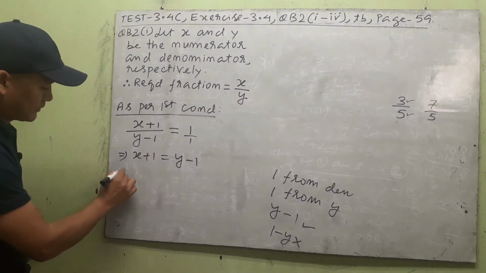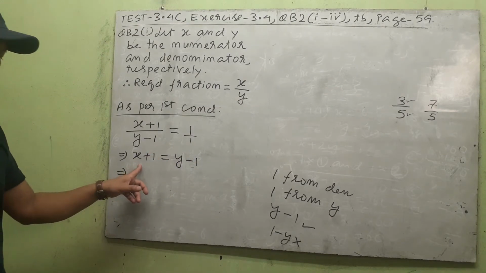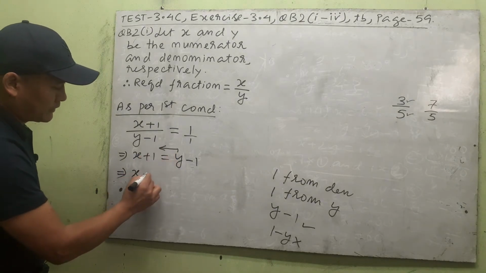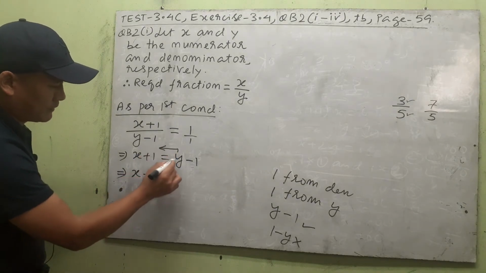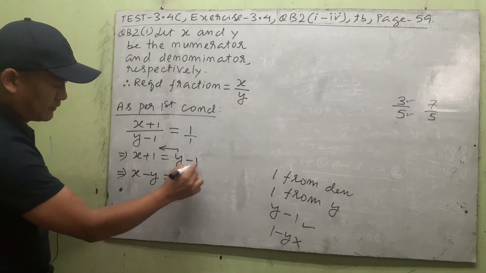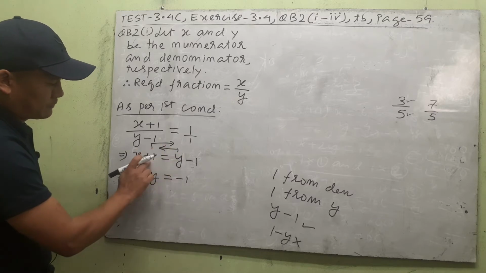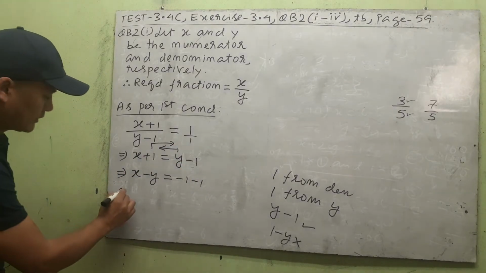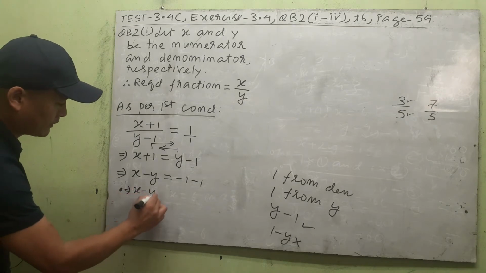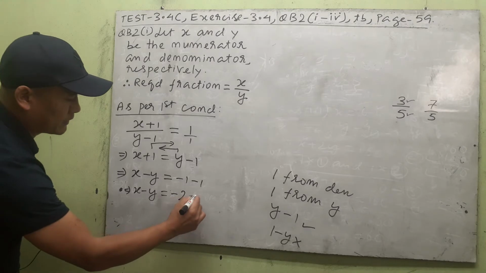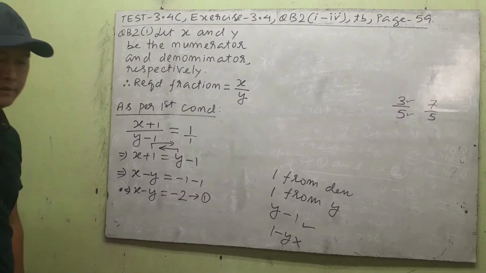So let us bring this to the normal format with x term in the first place, y term in the second place. Minus y, plus y becomes minus y, and this minus 1 is there already. If we shift this plus 1 to right side, it becomes minus 1. So we're going to get the first equation as x minus y is equal to minus 1, and minus 1 is minus 2. Let us put this as equation 1.